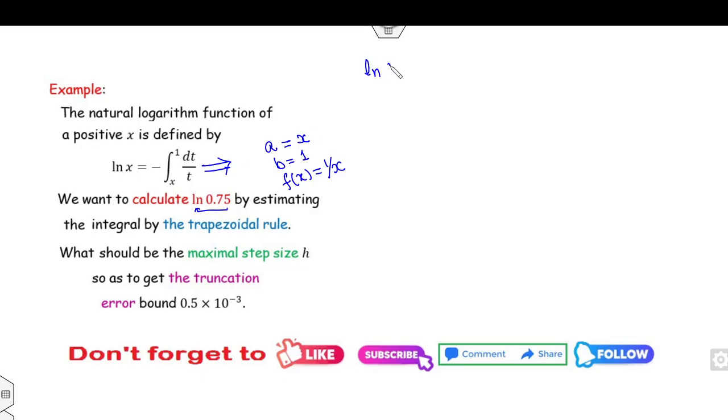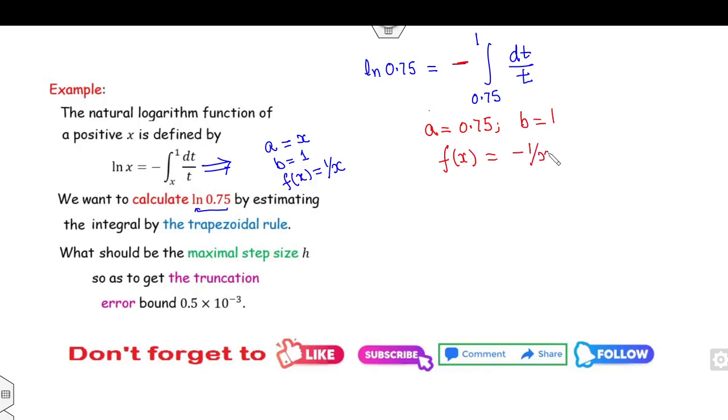So what is the ln of 0.75? It is minus the integral from 0.75 to 1 of dt over t. So in this case, a will be 0.75, b will be 1, and f of x will be, because it's a negative sign, minus 1 over x.